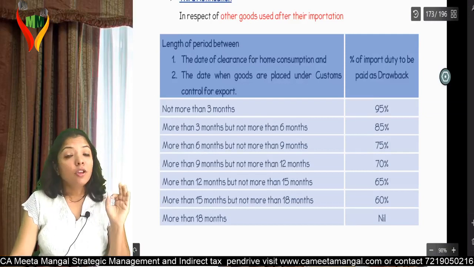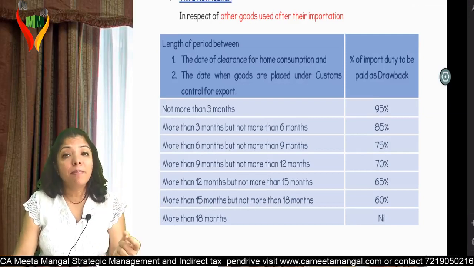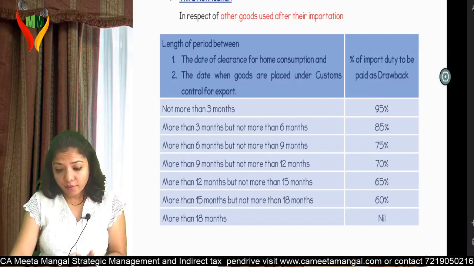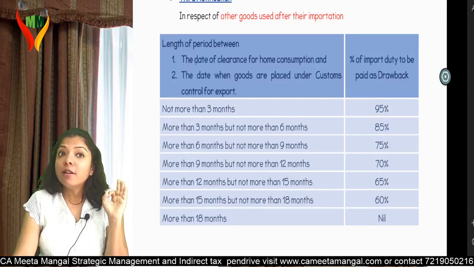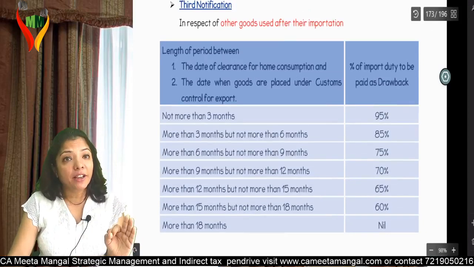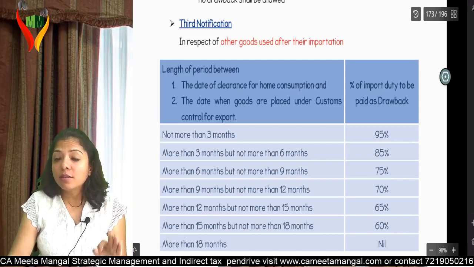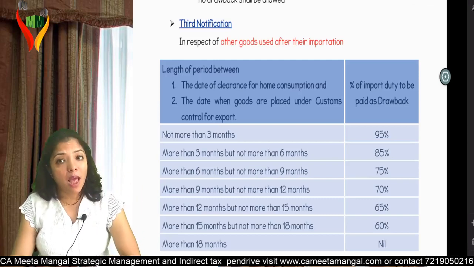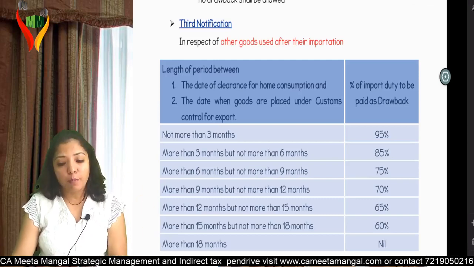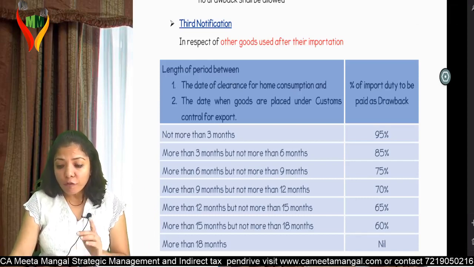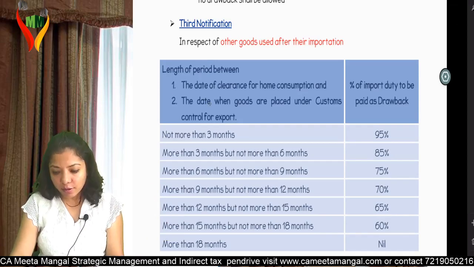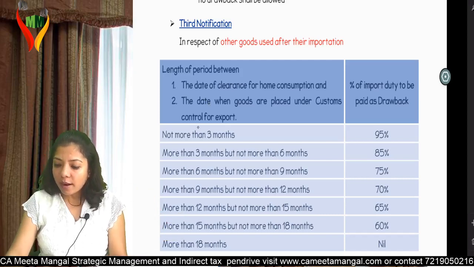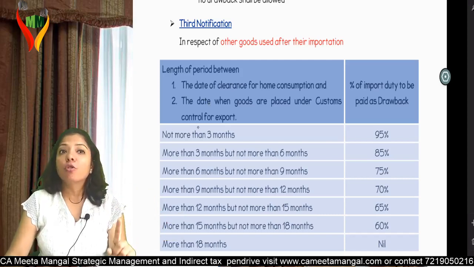Simple. Your drawback percentage depends upon your duration. I'm first teaching you the third notification. Why? It's talking about scenarios other than private or personal purpose. The length of period between the date of clearance for home consumption and the date when goods are placed under customs control for export.